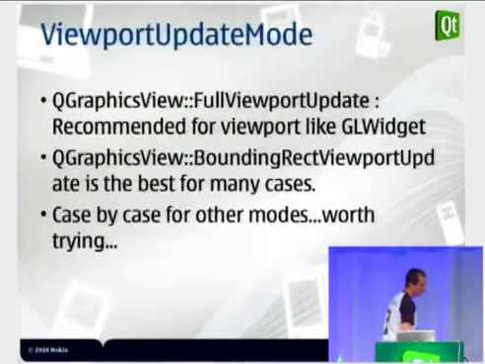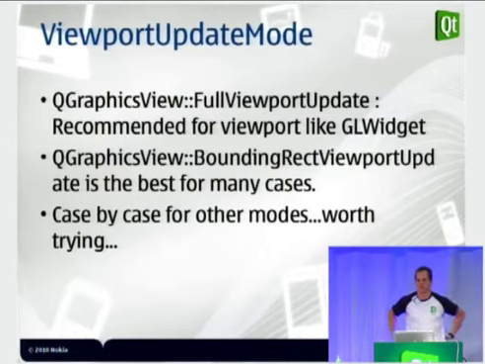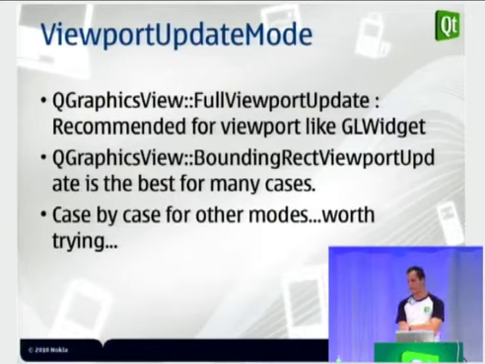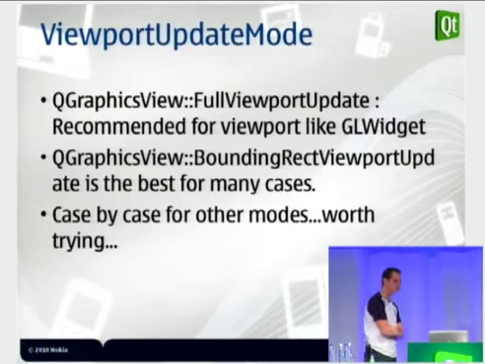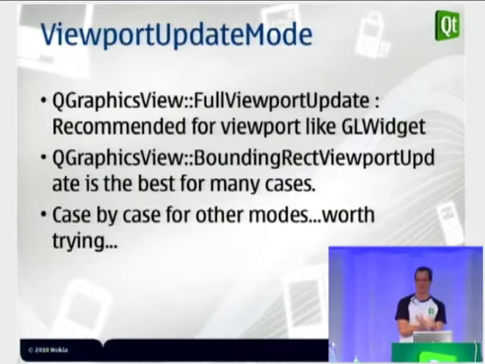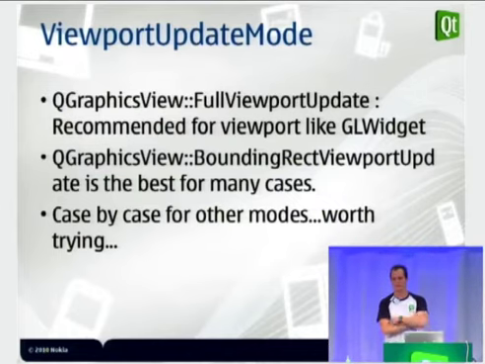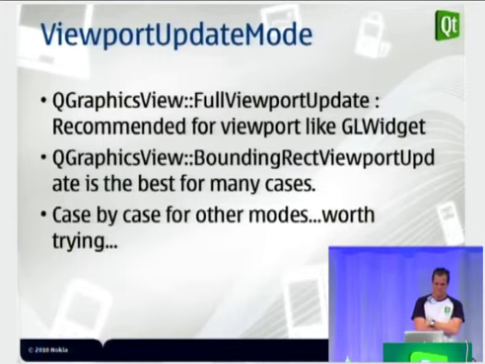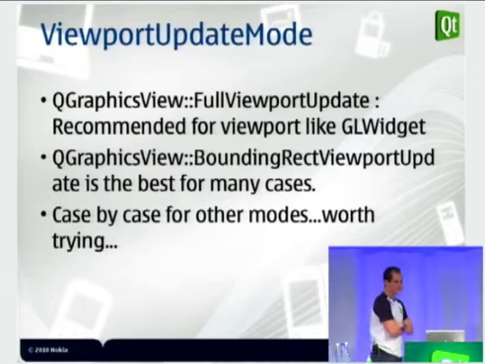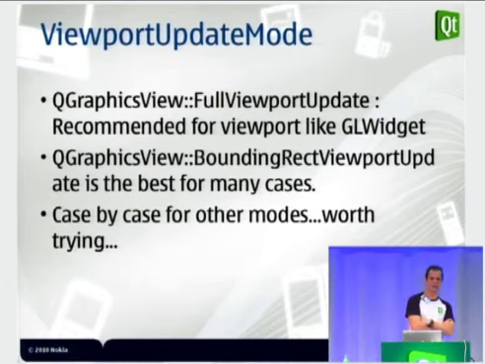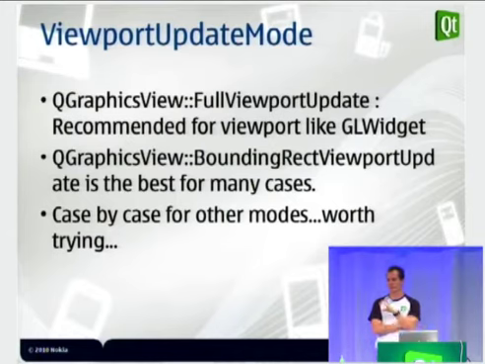Back on graphics view, graphics view has some viewport update modes. What is the viewport update mode? It's the way we actually update the scene. Full viewport update is recommended for viewports like GL widgets. Why? Because QGLWidget, for now at least, doesn't support partial updates, right?